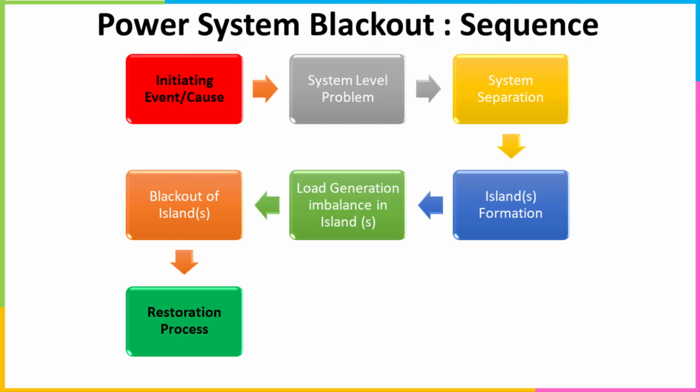What are the systems that have been impacted? What are the systems that are surviving? What is my connectivity with the neighboring area? Whether the neighboring area is surviving or not. A complete evaluation and assessment has to be done prior to starting your restoration sequence so that the restoration time can be least. That is the main intent of restoration. You want to restore the system as soon as possible.